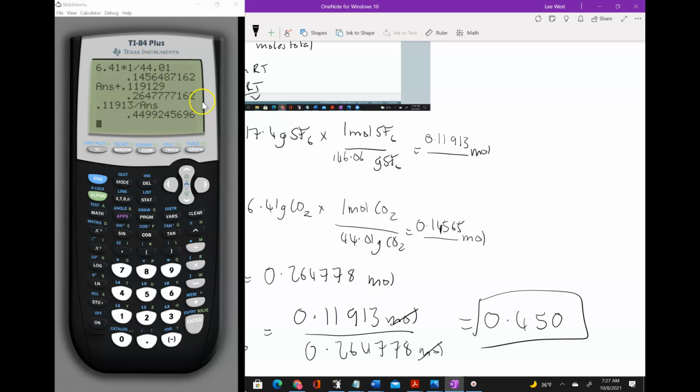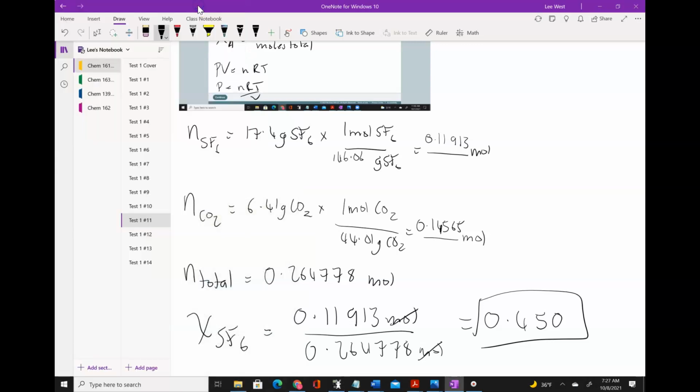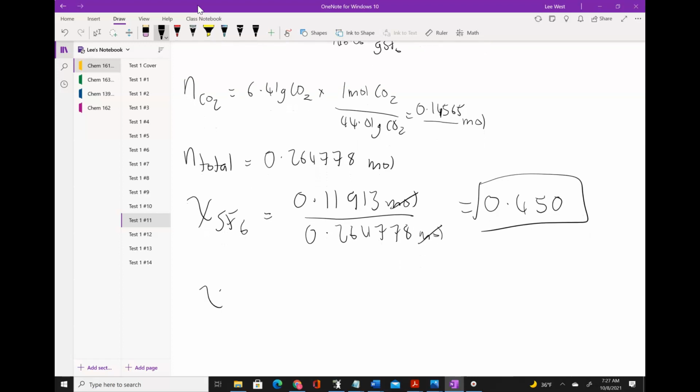Alright, so now we're going to do the next one. When we do the next one, again, it should be a number less than 1, and when we add the two together, they should add up to 1. So there we go.